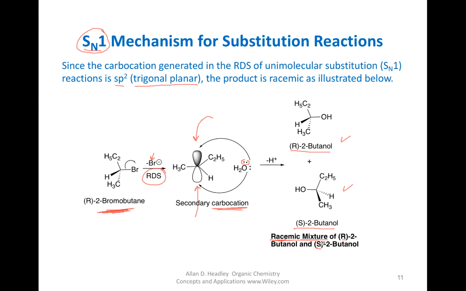Now that's completely different from the SN2 where you only get one optically active product, and that's the inverted product. So as we look forward, if you're synthesizing an optically active molecule, you do not want to use an SN1 mechanism. You want to use an SN2 mechanism. We'll do that in the next lecture anyhow.